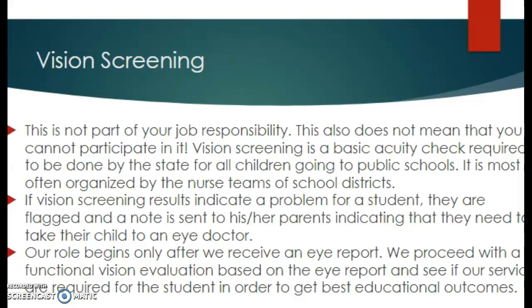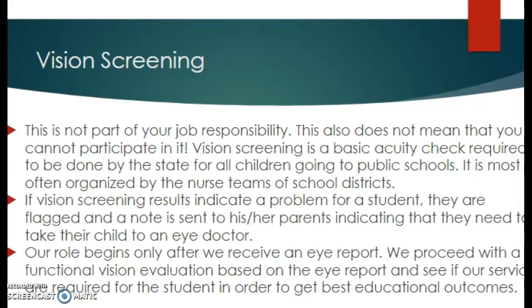And then our role begins only after we receive an eye report. It could be through the vision screening, where we get an eye report that indicates a medical condition or an acuity that is really worse than 20/70, or we can get an eye report through a referral as well.